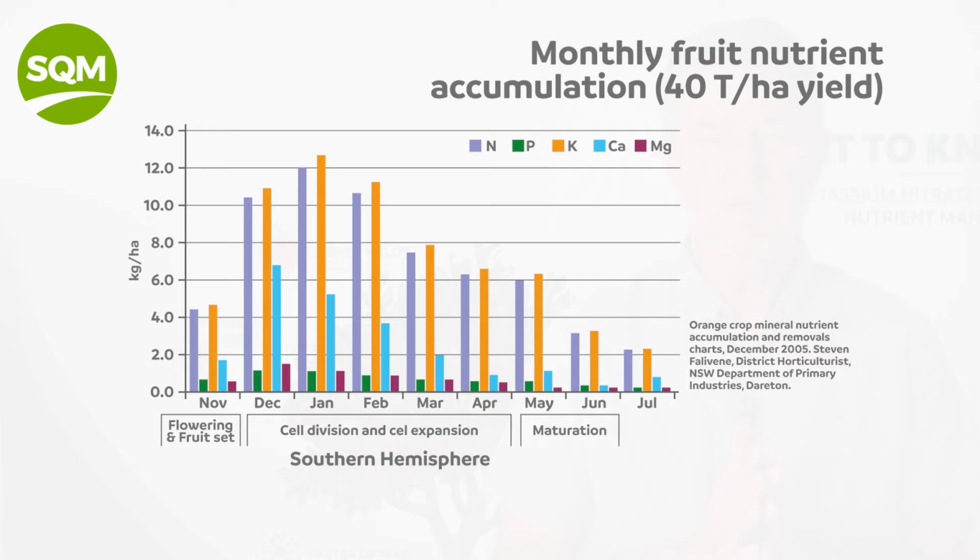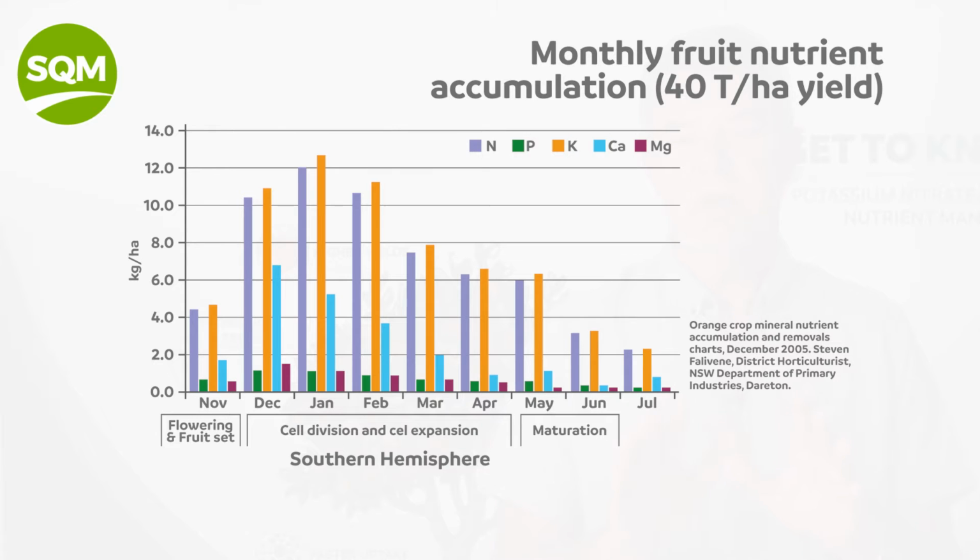If you look at the phosphate, the peak is earlier, sort of November, December, January, tapering off. If you look at calcium, that's the blue graph, your peak is also earlier, around December. And if you look at potassium, your peak is around January.